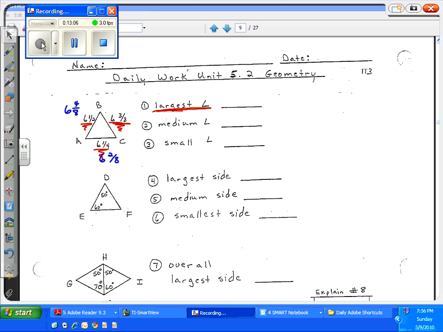A fourth would be 6 and 2/8. So what's the largest? Well, the 4/8 is the largest. So this is the largest side. Therefore, the angle opposite is the largest angle. So the largest angle is angle C.